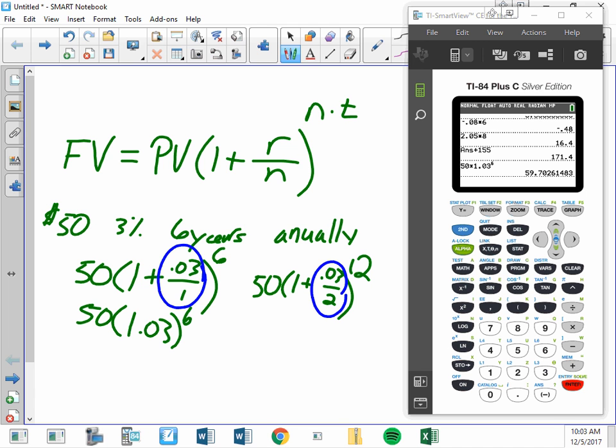Instead of 3% 6 times, we get 1.5% 12 times over the course of 6 years, so every 6 months you'll be paid. When I plug that in, I get a number that's just a little bit larger: 50 times 1 plus 0.03 divided by 2 raised to the 12th. And that gave me an extra 8 cents.